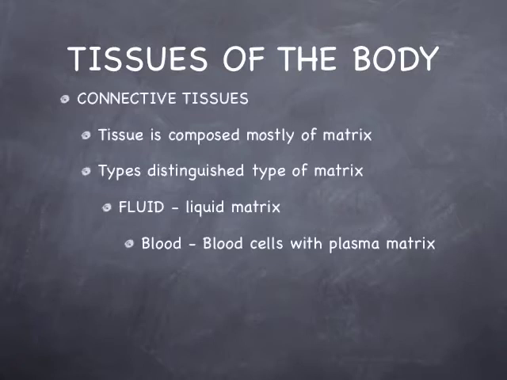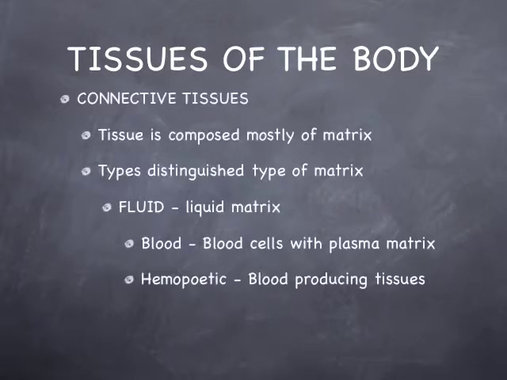So in the fluid category, what you saw there was that we were talking about cells and the plasma matrix. We do need to include, though, also the tissues that make the blood. Anybody know where blood is made in your body? Yeah, deep inside your bones in what we call bone marrow. And that tissue is hemopoietic.